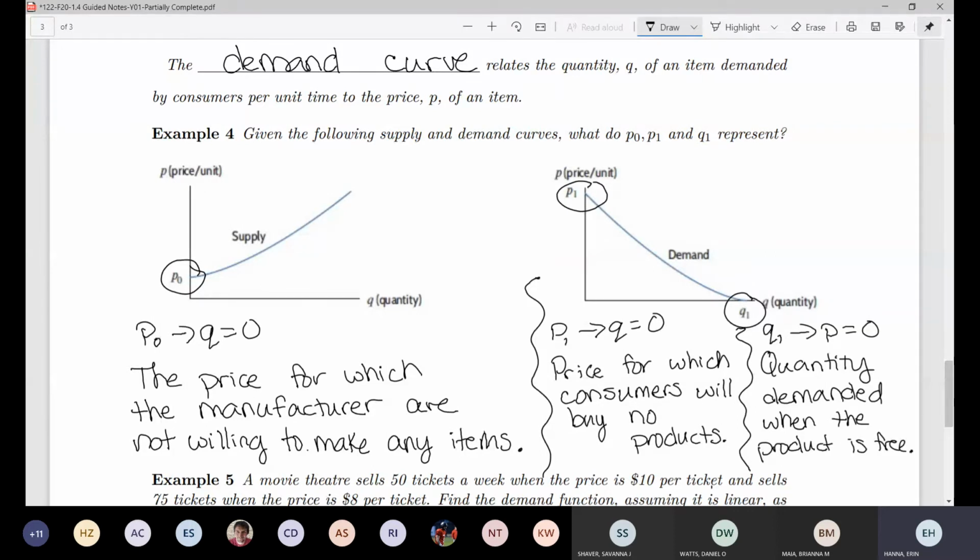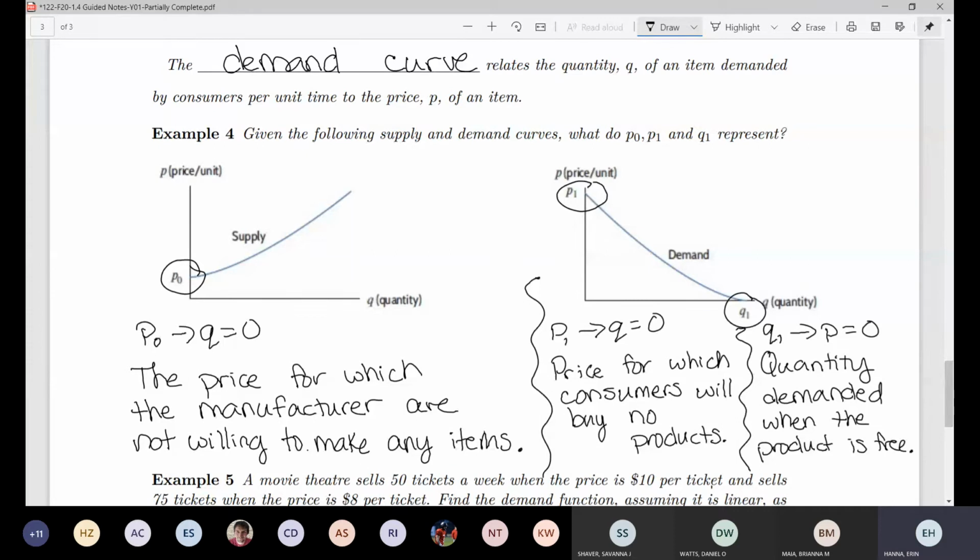So when the price is 0, you go to the populace and say, hey, I'm giving away free radios, and some people are like, cool, I want one, and other people are like, I don't care about radios. I'm losing my voice. Does that make sense?